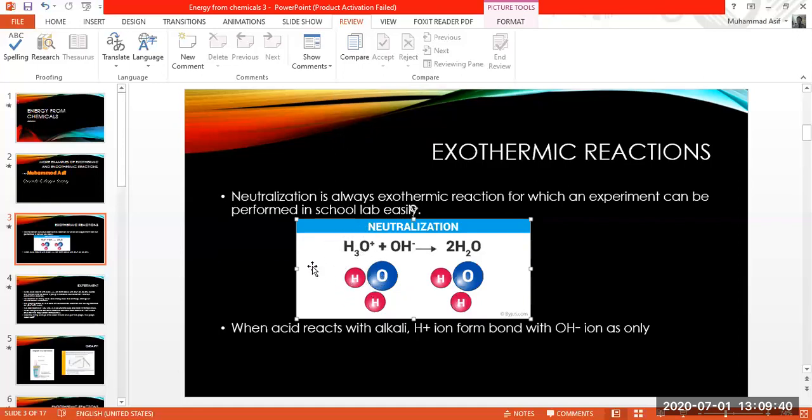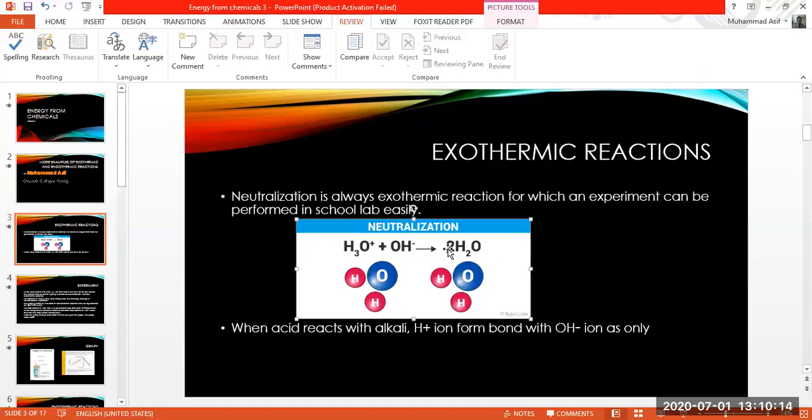This hydroxonium ion represents acid, and it is the strongest acid known, H3O positive, the hydroxonium ion. Similarly, an alkali or base is represented by the hydroxide ion. Whenever we react both of these, acid and base, water is formed.